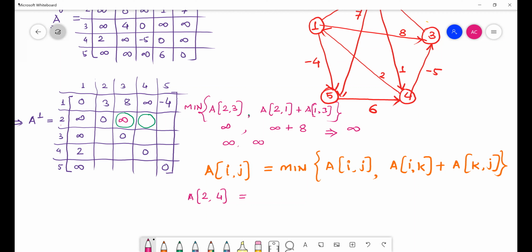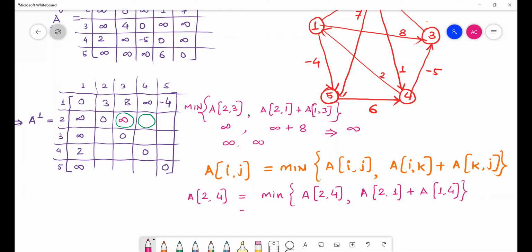So whichever is minimum from 2 to 4 and from 2 to 1 and 1 to 4, we'll consider it. So minimum of A of 2 to 4, comma A of 2 to 1 plus A of 1 to 4.